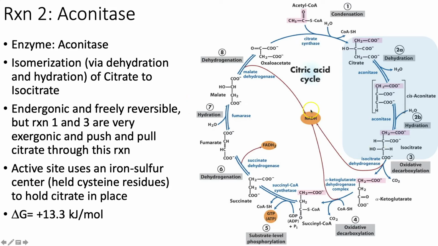So we have a really strong push from reaction 1 and a really strong pull from reaction 3. And that's what really gets us through this isomerization. It's really interesting. The active site of aconitase, its structure is really weird. We're going to talk about that. And so we have a positive 13.3, but we're able to defy that because of how negative our other ones are.